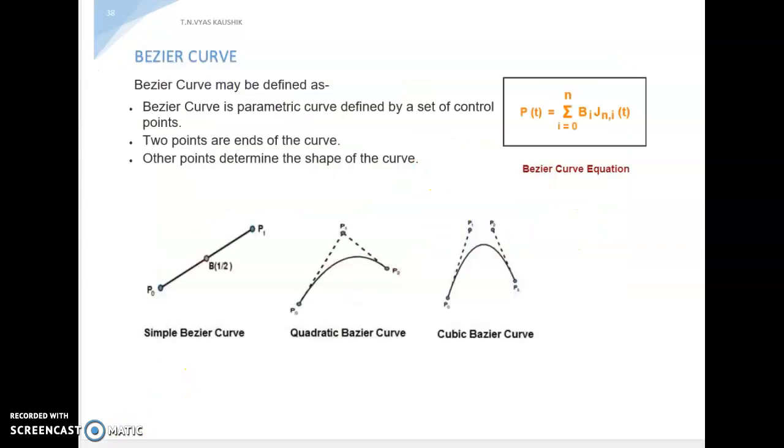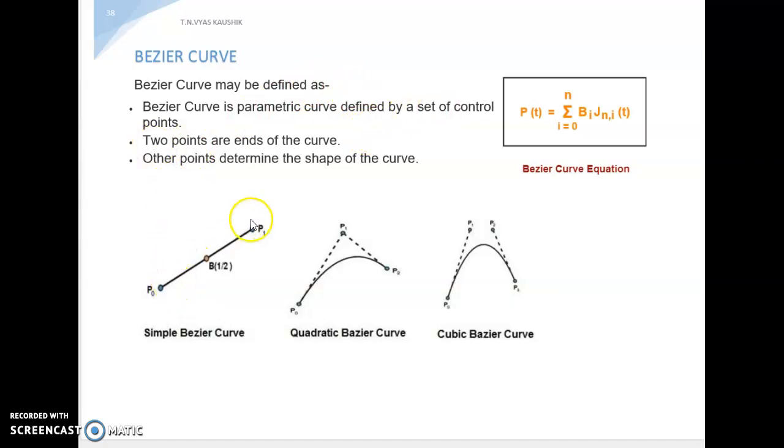The last topic in the third unit is the Bezier curve. You know what curves are: curves are dots which are not in a straight line. A Bezier curve is a parametric curve defined by a set of control points.